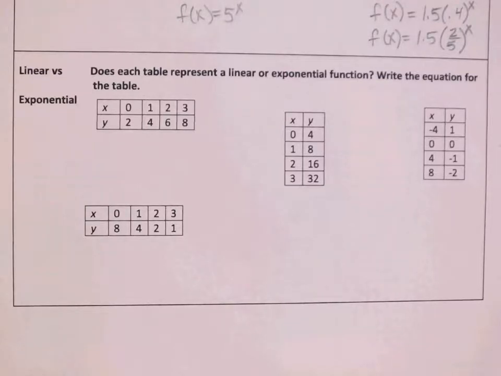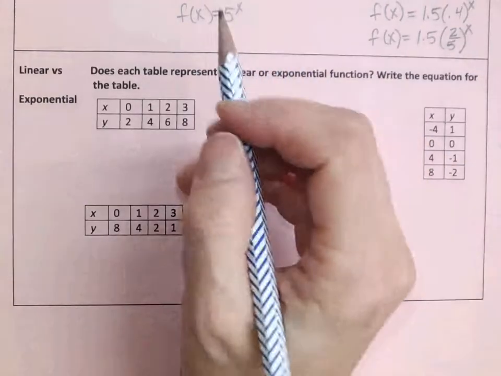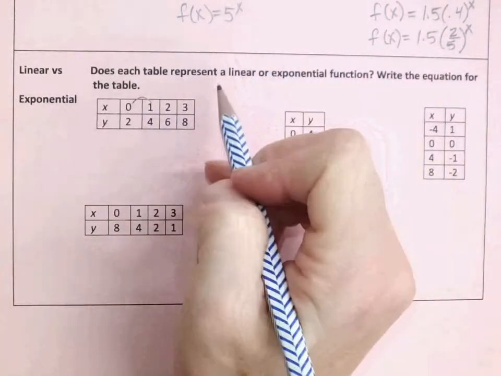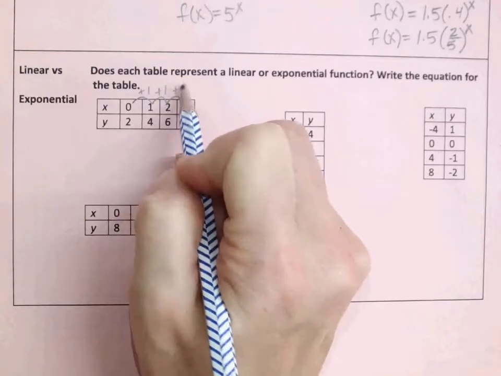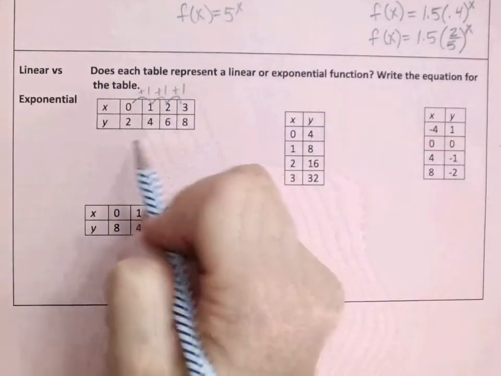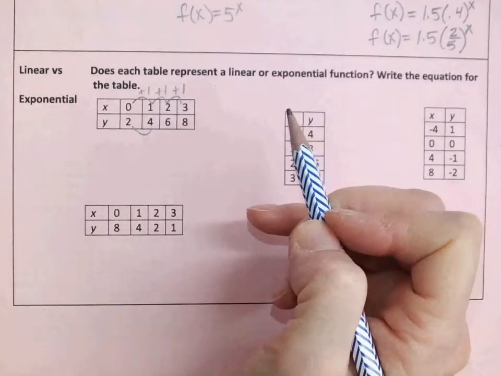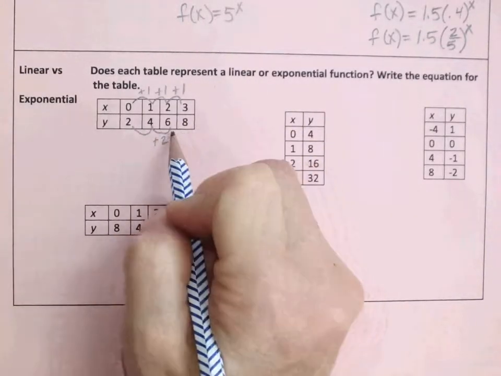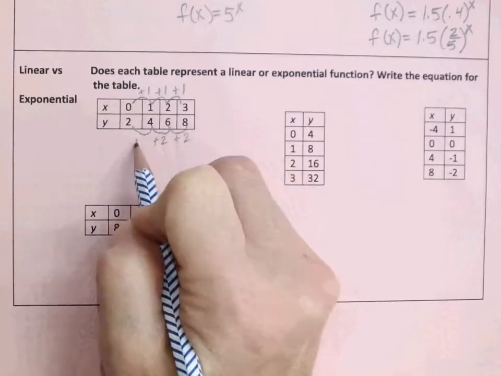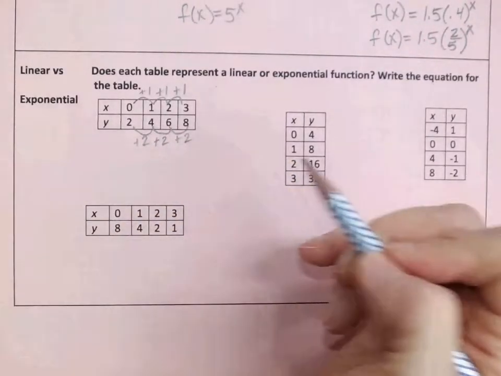For our first example, we're going to see how much it changes. We add 1, add 1, add 1. For our y's, we could add 2 or multiply by 2, but then from 4 to 6, we would have to add 2. 6 to 8, add 2. So our focus right now is to add 2 each time.